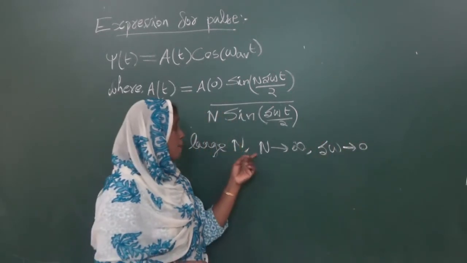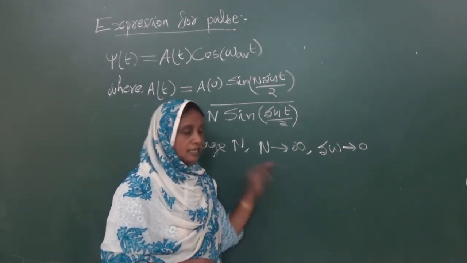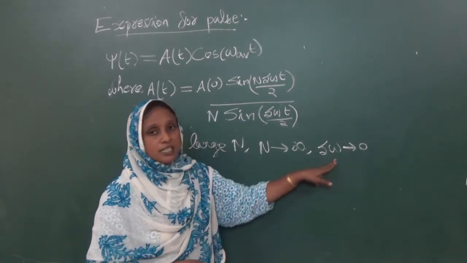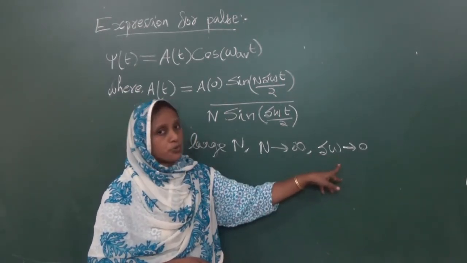That means capital N is a very large, huge number. In that context, this frequency difference delta omega is nearly 0, tends to 0.